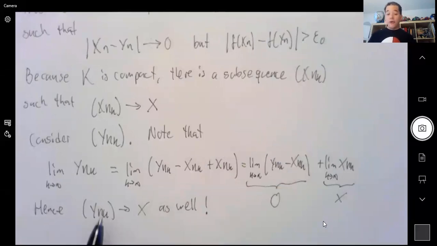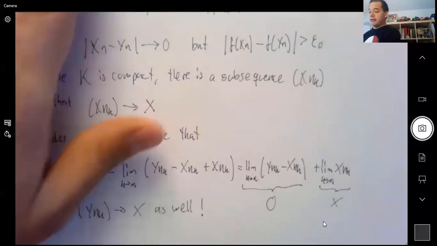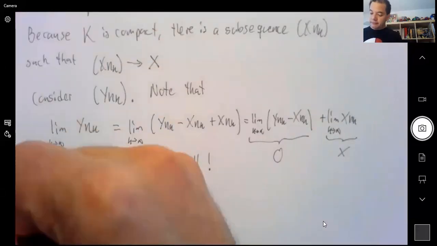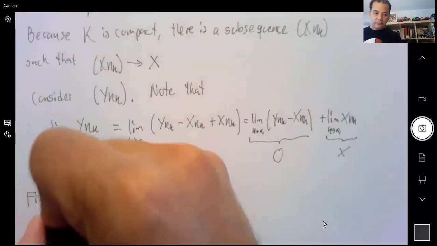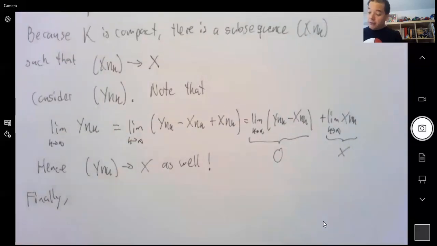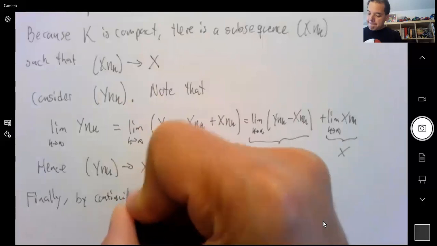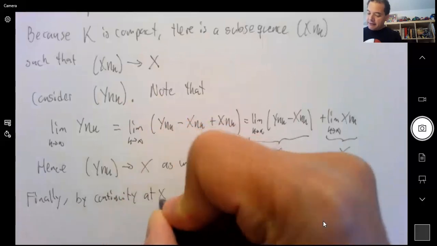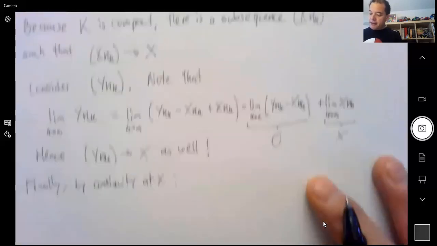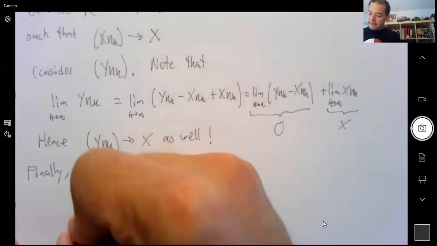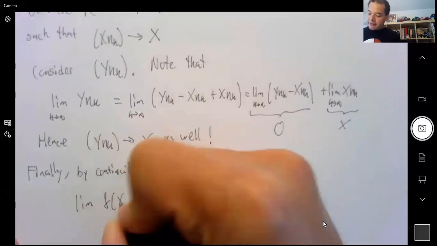What happens to the function? So finally, by continuity at x, the following happens, right? What is going to be the limit of f of x_n,k?